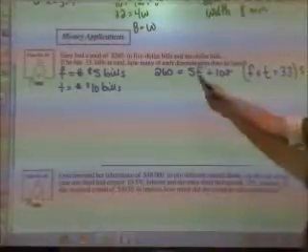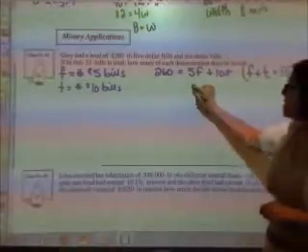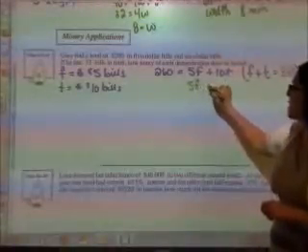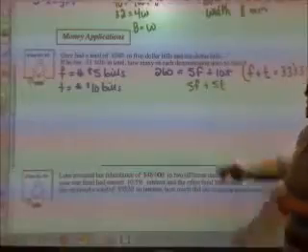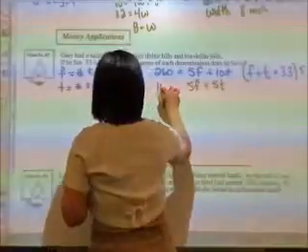By 5, because I want the coefficient to be the same as this one. So if I multiply by 5, I get 5 Fs, 5 Ts, and what's 33 times 5? 165.